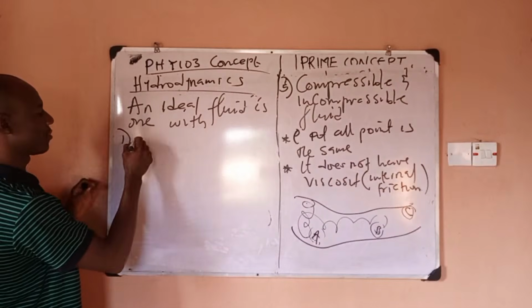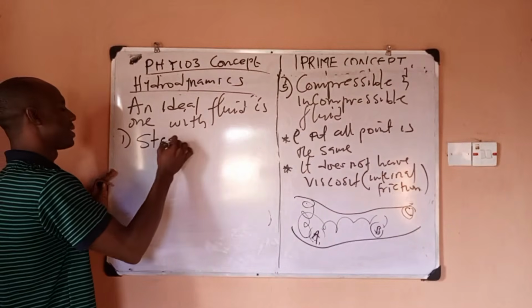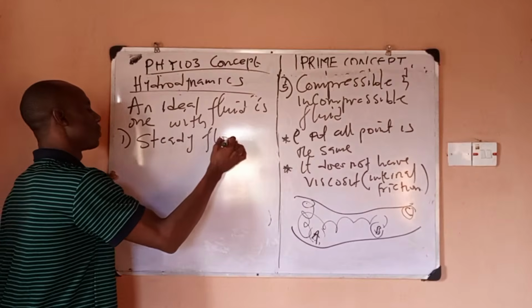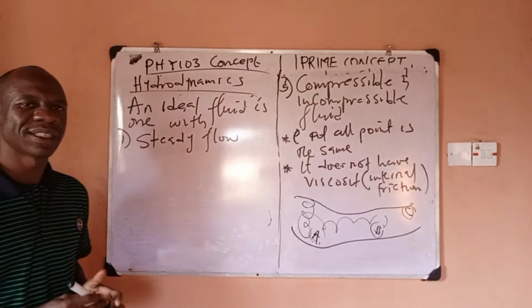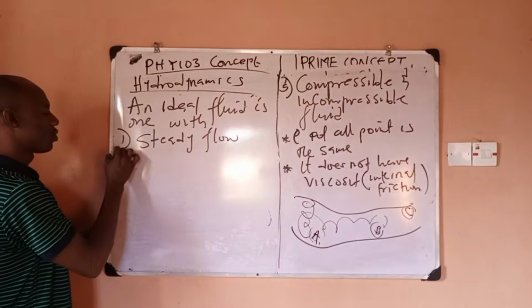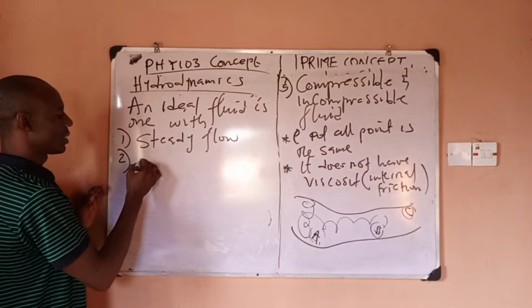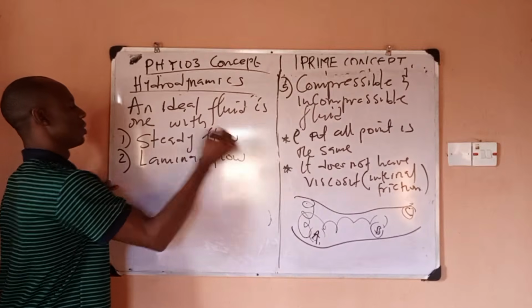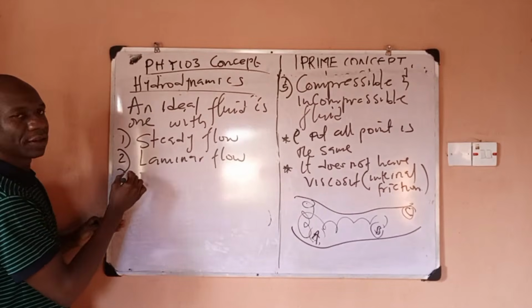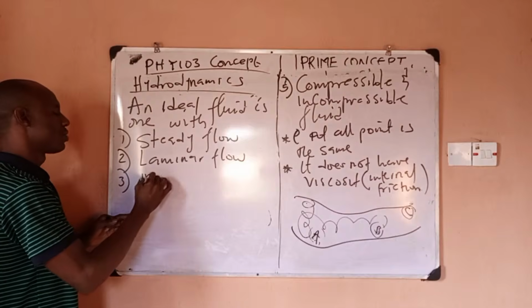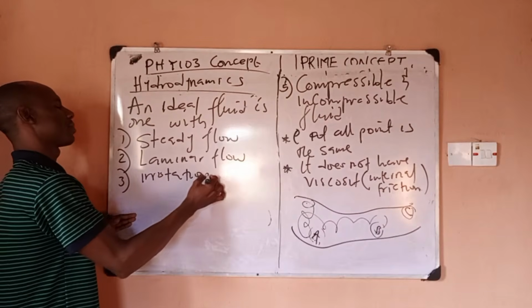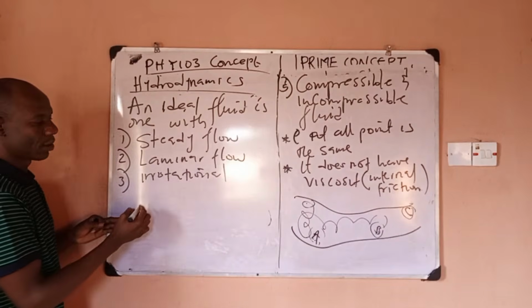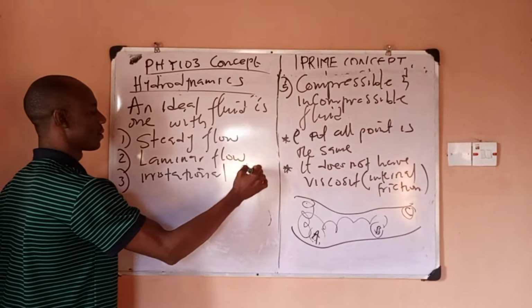One is that it is a fluid that has a steady flow. It is a fluid that has a what? Steady flow. Number 2, it is a fluid that has a what? Laminar flow. Number 3, it is a fluid that is irrotational, or that has irrotational flow.